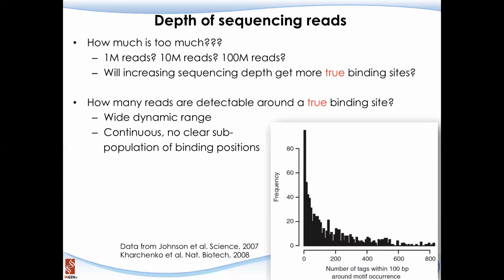If you have extremely high depth, you may have a high false positive rate. That's why you have to try your best to find the optimized sequence depth based on your study. Different studies may have different sequence depths, like ChIP-seq and ATAC-seq, which are quite different. Even on the same platform, like ATAC-seq, depending on what you want to observe and study, there may be different sequence depth requirements. Okay.